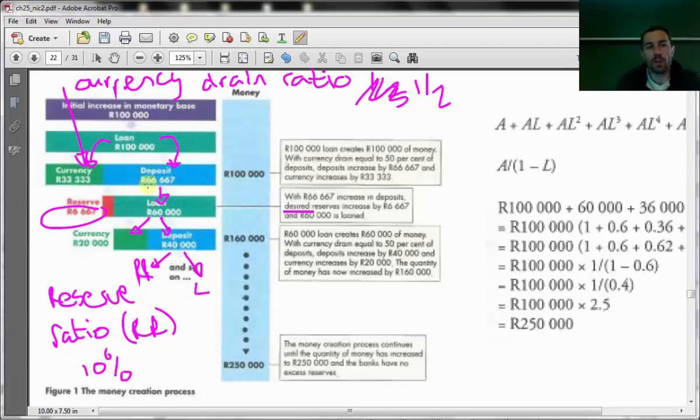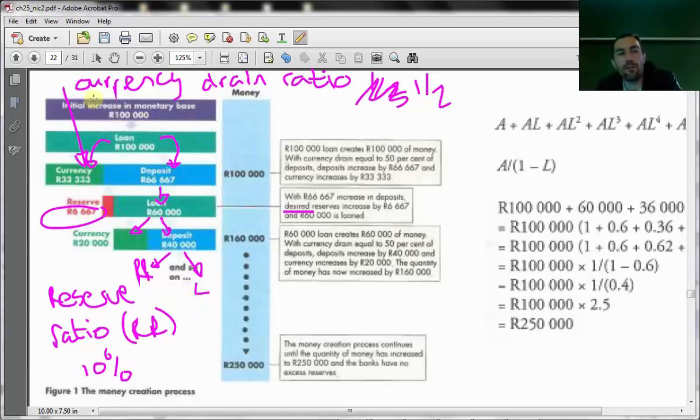So what ultimately ends up happening is 2/3 of any loan amount gets deposited, and then after we've taken out the required reserves, gets loaned out once again. Of that 60,000 loan, 2/3 gets deposited. Some of it must be kept as required reserve, and the rest gets loaned out once again. Each time, the amount that's going to get lent out is less and less.